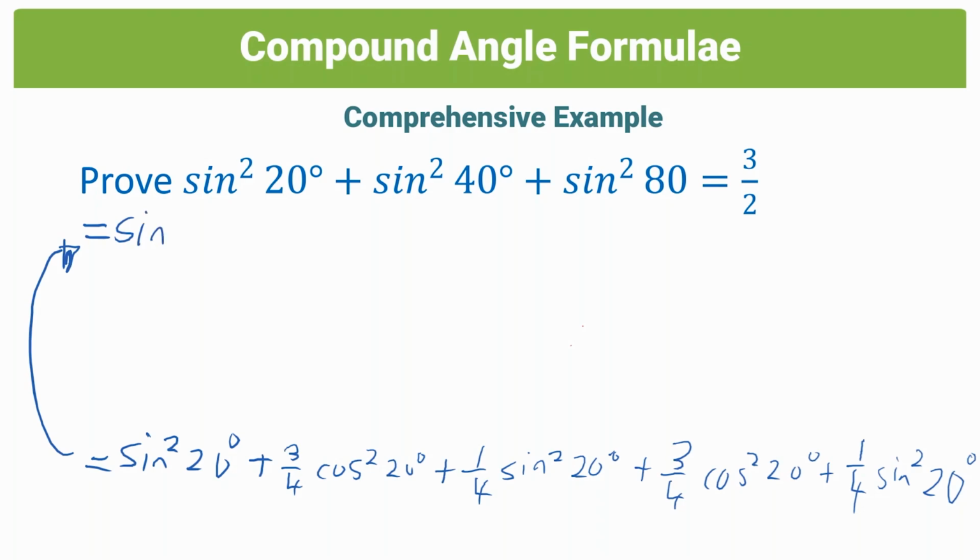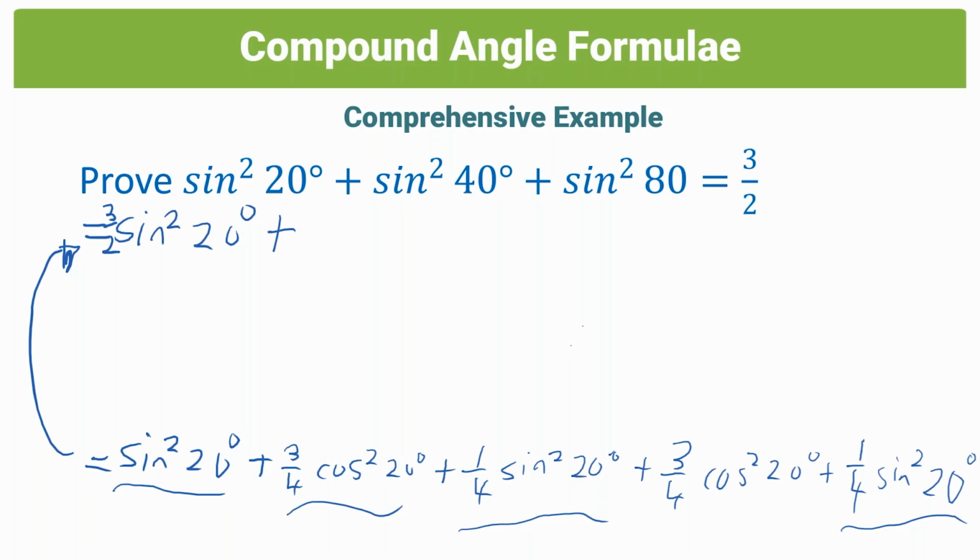That's still sine squared, but we have a couple other sine squared terms. We have this one here, and this one here. So 1 plus a quarter is 3 over 2. So that's actually going to be 3 over 2 sine squared 20 degrees plus our cos squared terms.